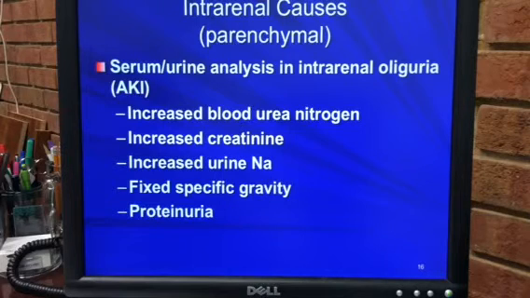It may have cells in it and casts in it. It may have protein in it, but it's not going to be a concentrated waste to water situation. Protein may also be spilled if the glomerular unit has been damaged.